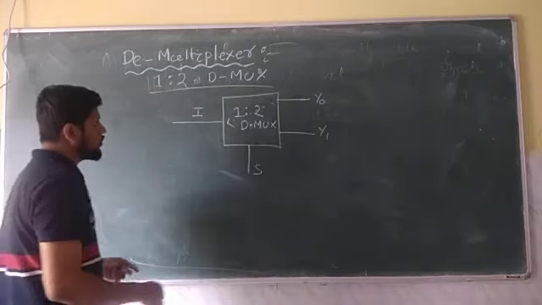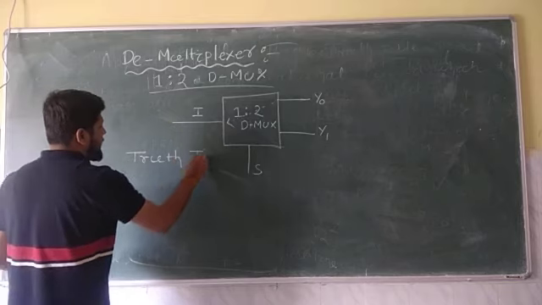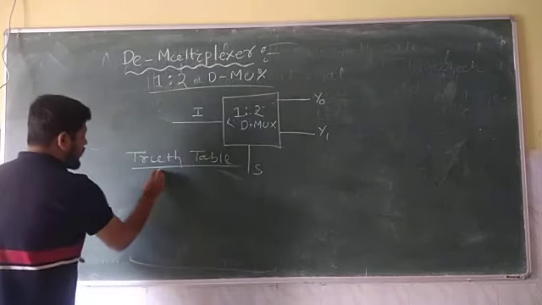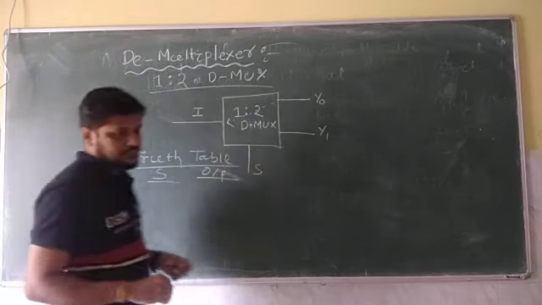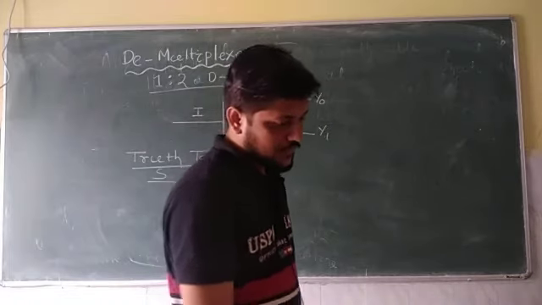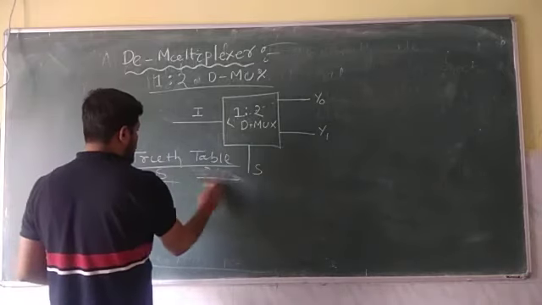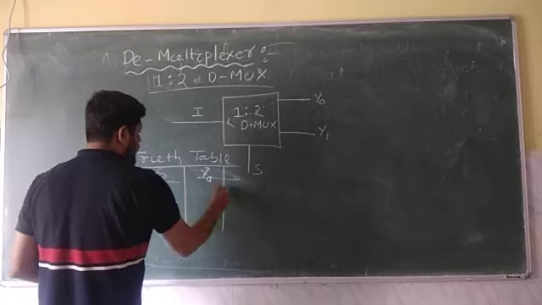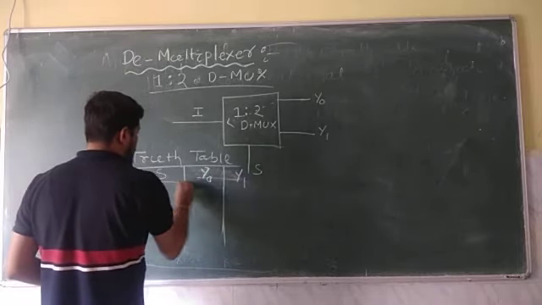Then we will construct the truth table, with S and the outputs Y0 and Y1.